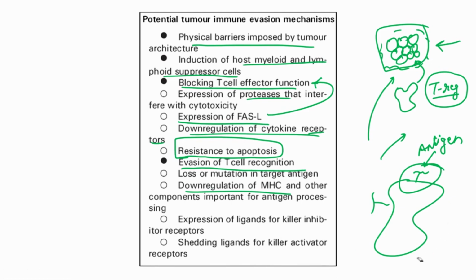So, the immune system cannot really recognize it. Then the expression of ligands for killer cells is inhibited, and the tumor also sheds these ligands out, so that the immune cells are not able to recognize it.